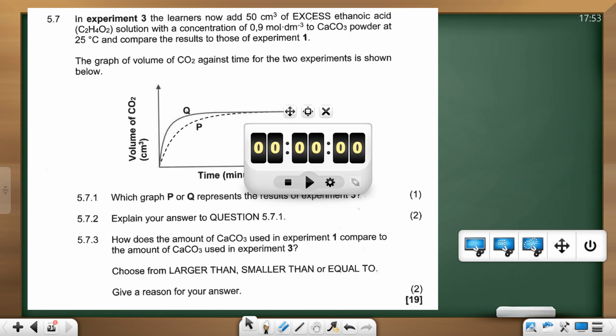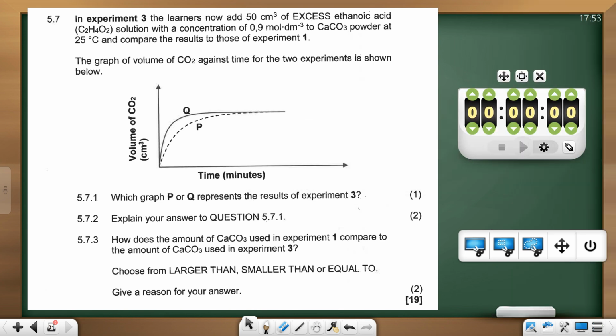Just digest. We are looking at rate of reaction. We have points, factors that will affect. Let's look at it.